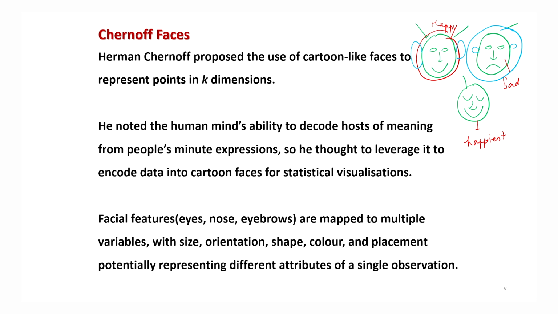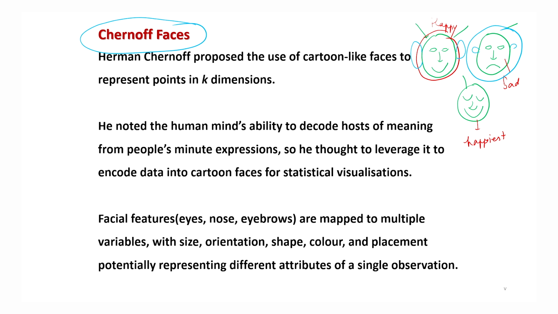Multivariate data means each facial feature can control one variable, and a face has so many variables. So at least some finite number of variables can be controlled just by plotting this two-dimensional plot, which is called Chernoff faces. Why is it called this?